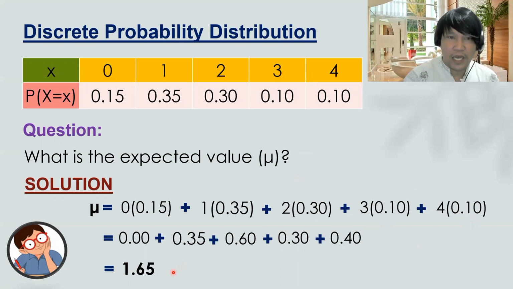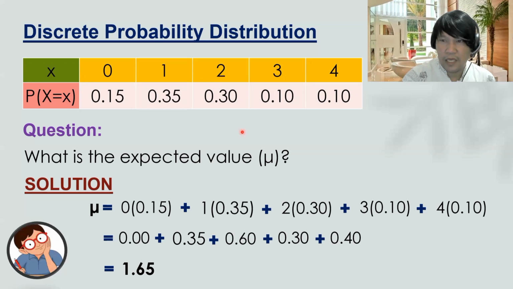1.65. Okay, therefore, the expected value of the given probability distribution relative to the number of typhoons that is expected to enter the country's area of responsibility is approximately equal to 2. Okay, because as to the number of typhoons, it is countable.